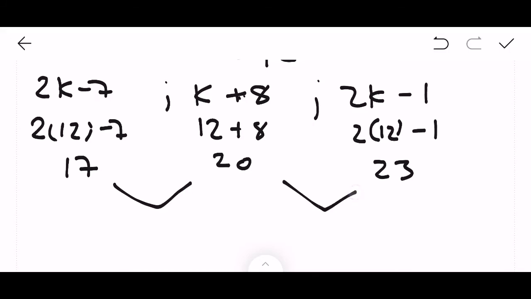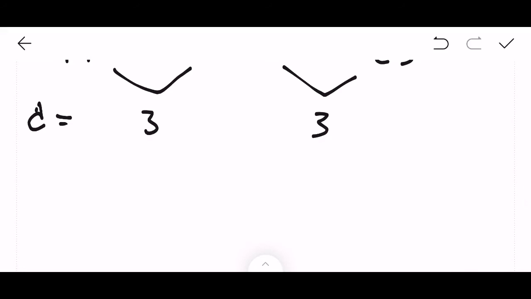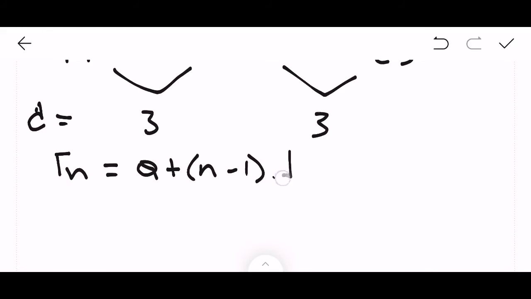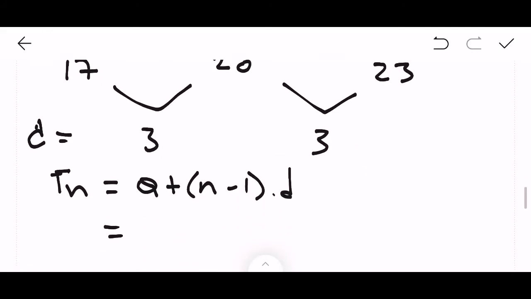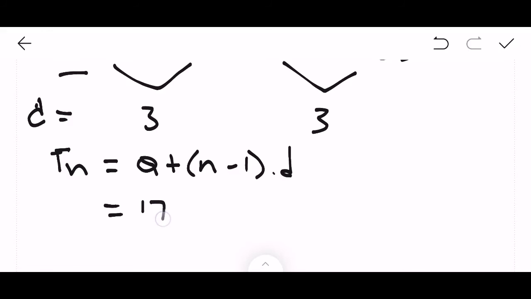So the difference between these two, and that's d, equals, we have 20 minus 17, that's 3, and 23 minus 20, that's 3. So our common difference is 3.